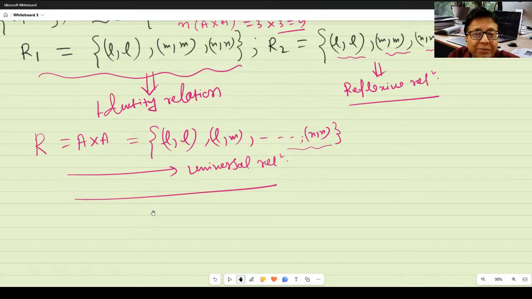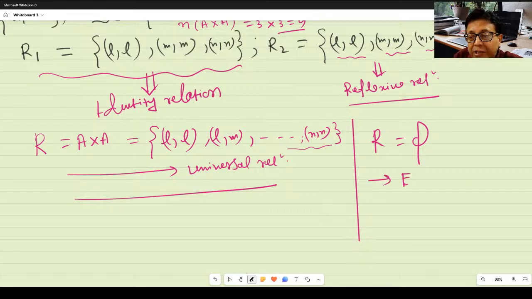I'll give you the mathematical definition. But before that, let me define other types of relation. If we have defined a relation like this, R equal to phi, then this is called empty relation.